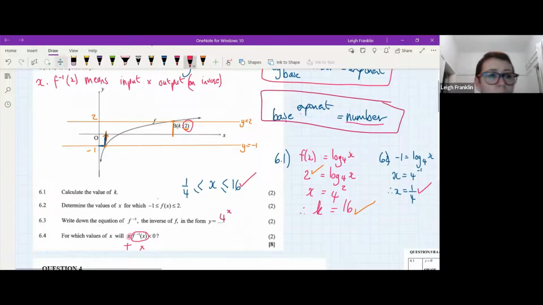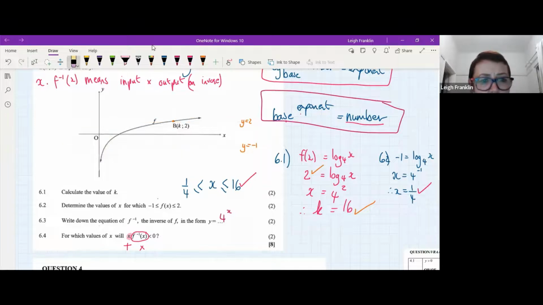So if we now go back to our diagram, let me just get rid of all of the stuff that I've drawn on it. We've said that input always has to be positive. Why? Because this graph has been drawn to the right of the y-axis, so every value of x is positive. So we're only looking where x is positive.